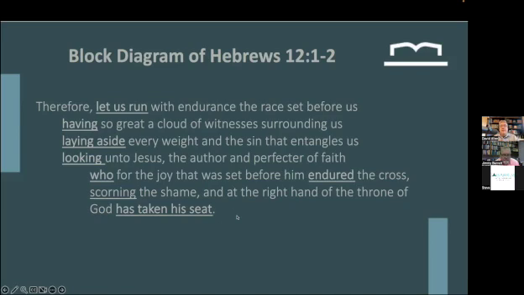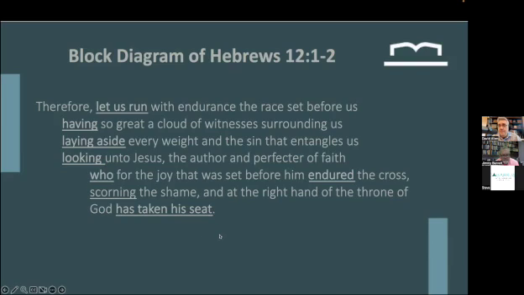But if the author had said more, like you were saying, if the author had said, having a great cloud of witnesses surrounding us, and these cloud of witnesses were X, Y, and Z, all right, then all of that, X, Y, and Z, would be indented under this because it would be modifying that. So that is correct.